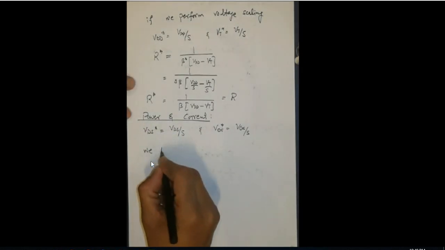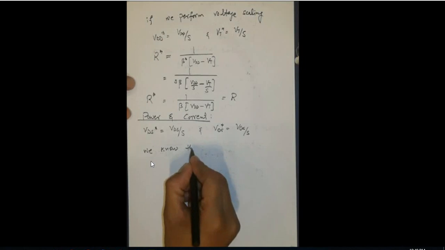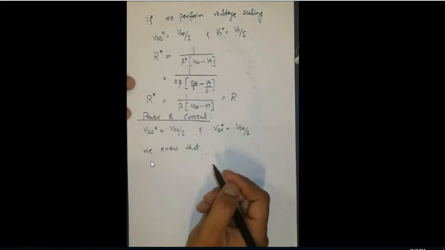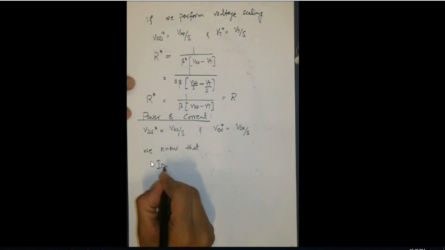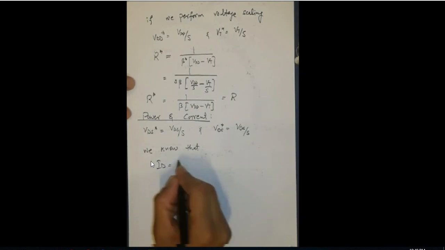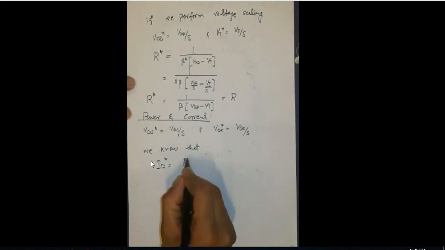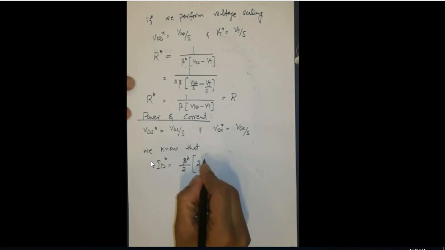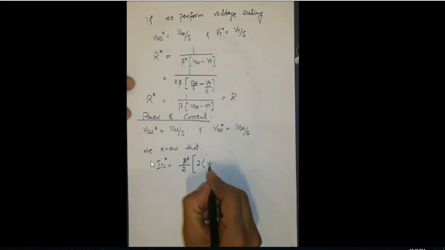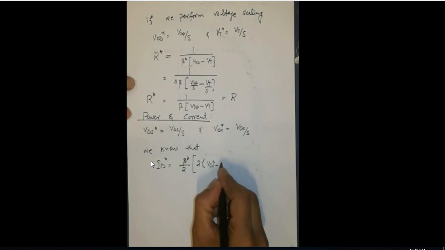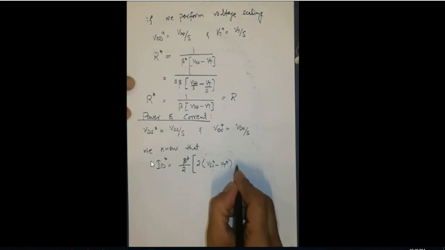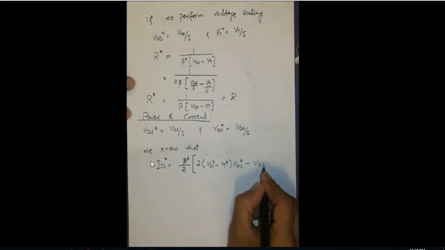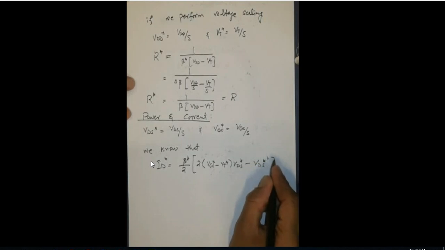We know that drain current in saturation region is given by ID. If I write it in an updated form, that is equal to beta star divided by 2, then we have 2 multiplied by VGS star minus VT star, multiplied by VDS star, minus VDS star square.